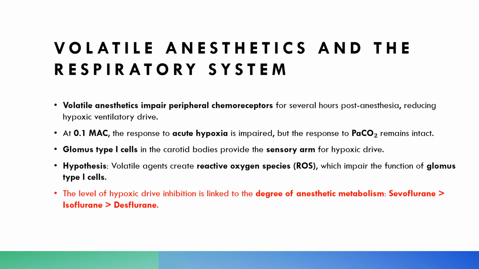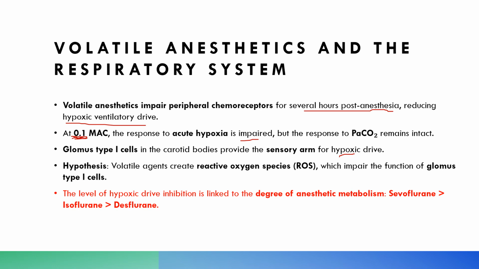Volatile anesthetics are going to impair peripheral chemoreceptors for several hours post-anesthesia, reducing hypoxic ventilatory drive, okay? At 0.1 MAC, the response to acute hypoxia is impaired, but the response to CO2 remains intact. This is due to our glomus type 1 cells in the carotid bodies that provide the sensory arm of the hypoxic drive.